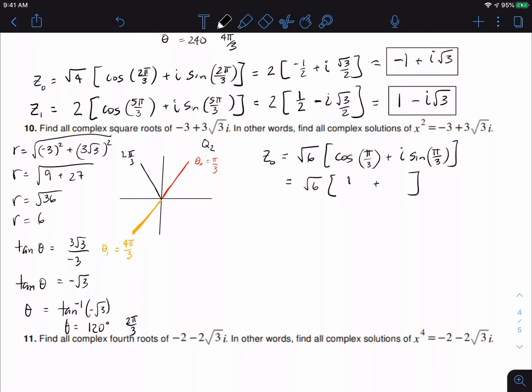So this should be 1/2, and this should be radical 3 over 2i. Correct? And so I should get radical 6 over 2 plus, I'll go 3i radical 2 over 2.